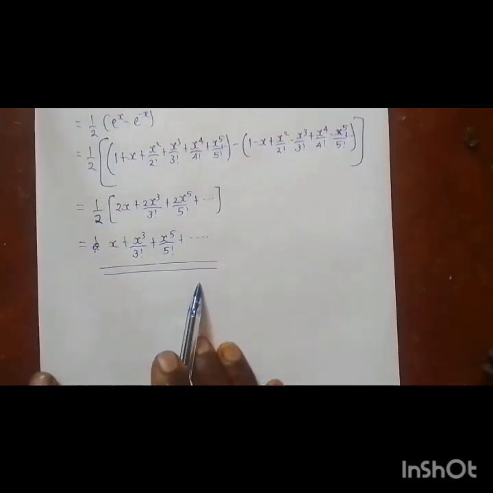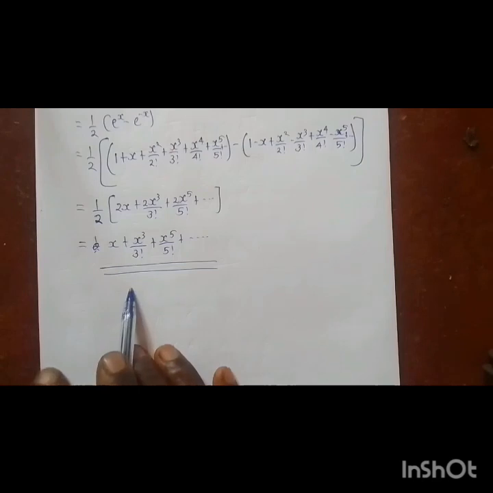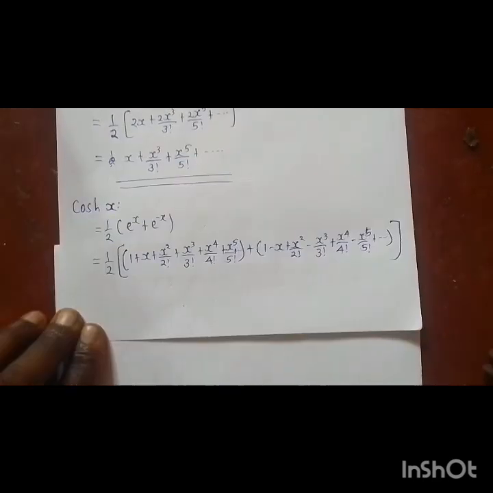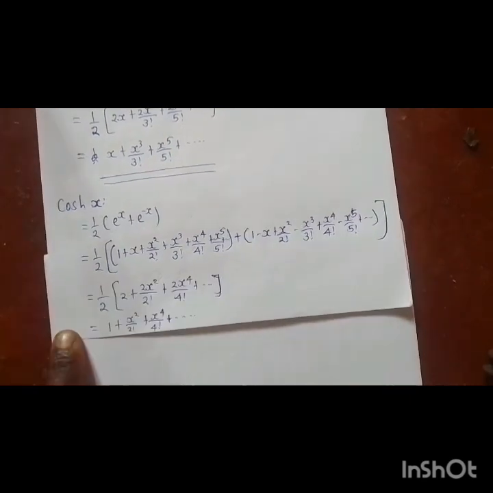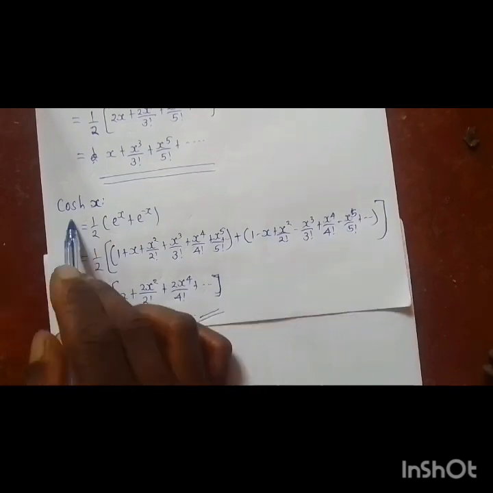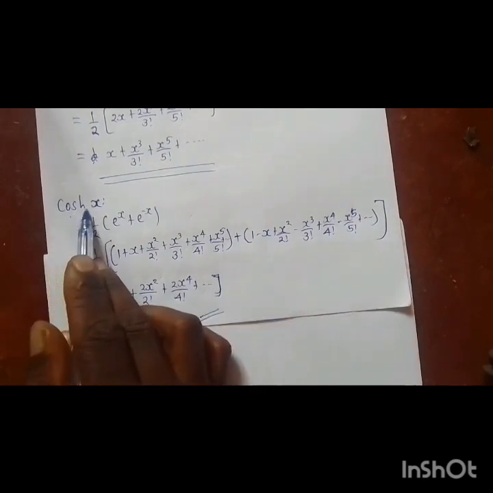Also, for the hyperbolic cosine of x, we have, so this is the final expression of hyperbolic cosine of x.